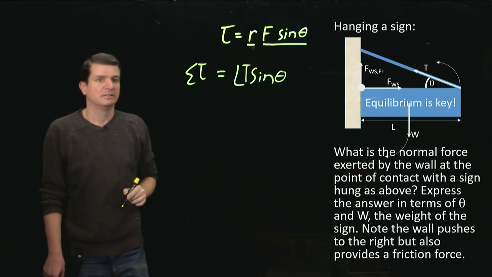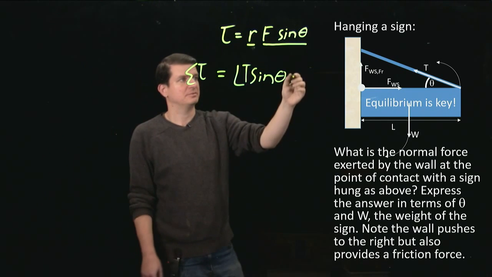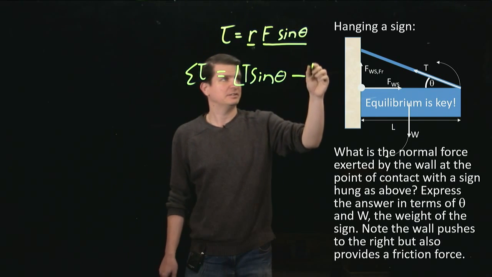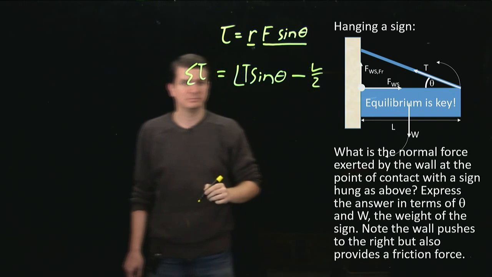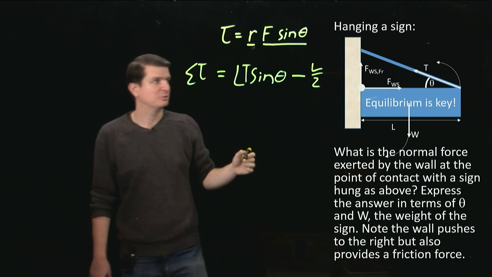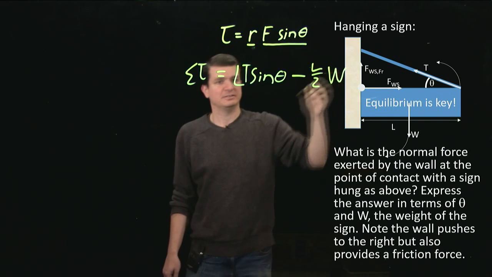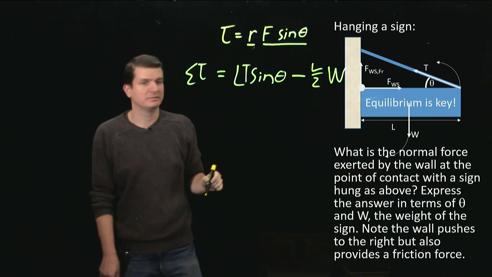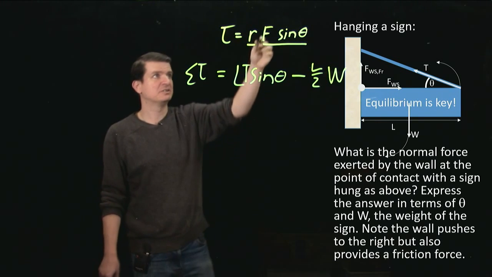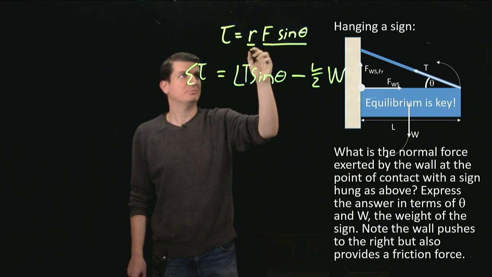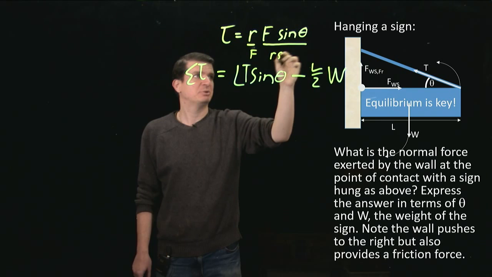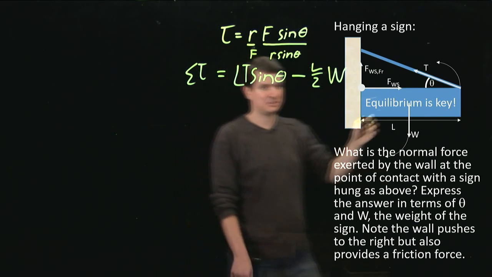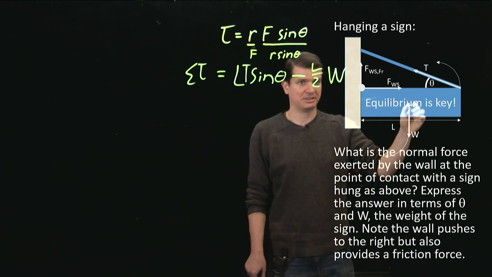Okay, and then the weight force acting with a negative torque at a distance of L on 2, and the magnitude of the force is W. So here, what I've done is actually reinterpreted this to say, give me the force times the perpendicular distance to it. So I've imagined this weight force is acting straight down.